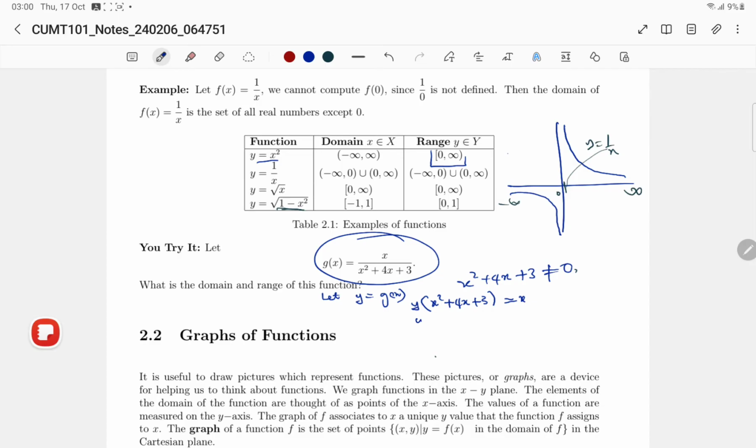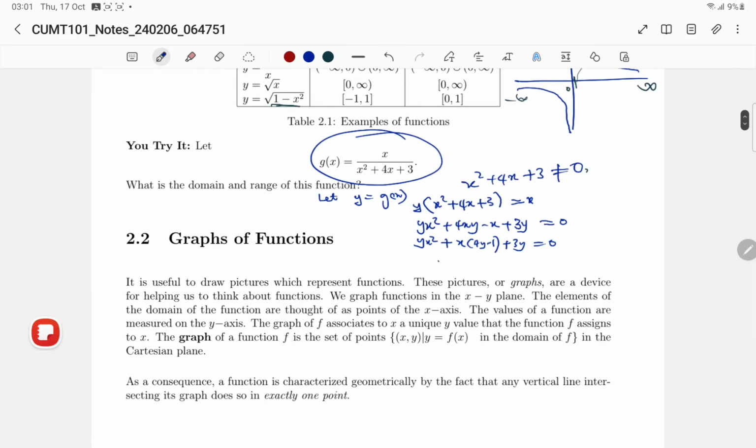So we have yx squared plus 4xy minus x plus 3y is equal to 0, which gives us yx squared plus x(4y minus 1) plus 3y is equal to 0. So for this one to be valid, you have to use the discriminant.